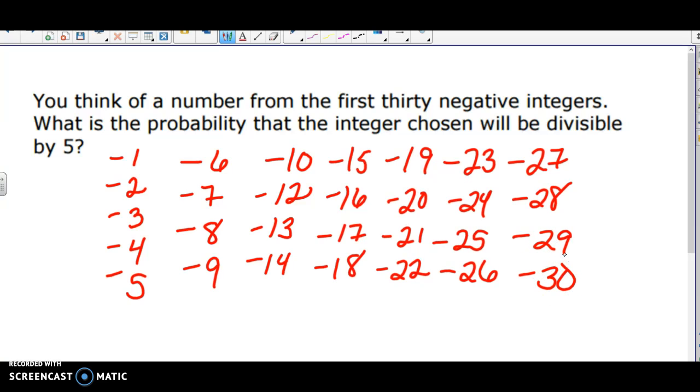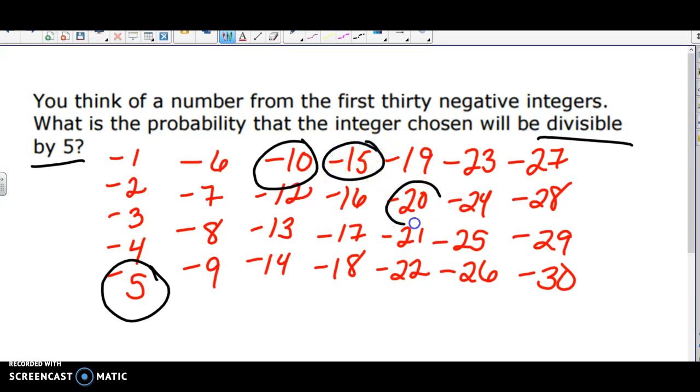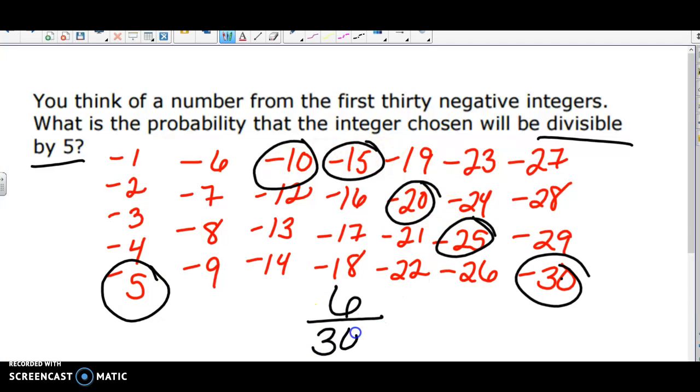Okay, maybe you didn't have to write out the entire sample space, but I did just so that you can see it. Divisible by 5 is what I'm looking for, so multiples of 5: 5, 10, 15, 20, 25, 30. That gives me 1, 2, 3, 4, 5, 6 out of 30, so 1/5.